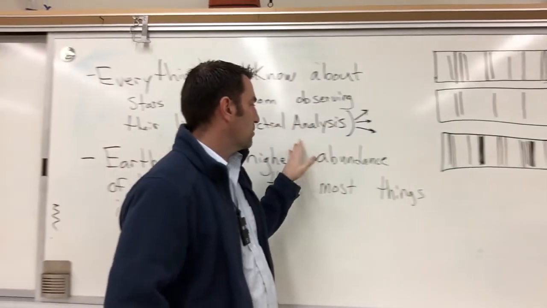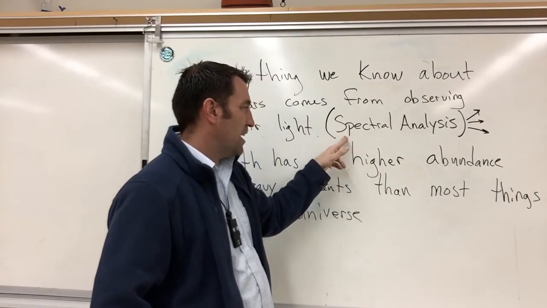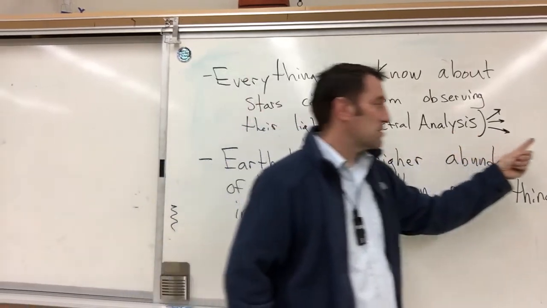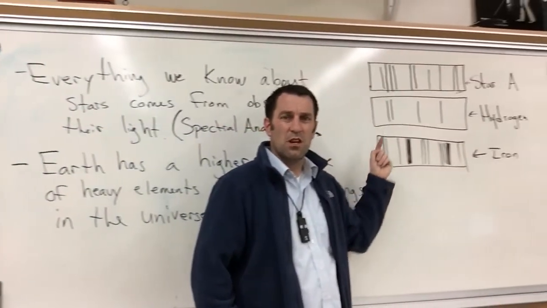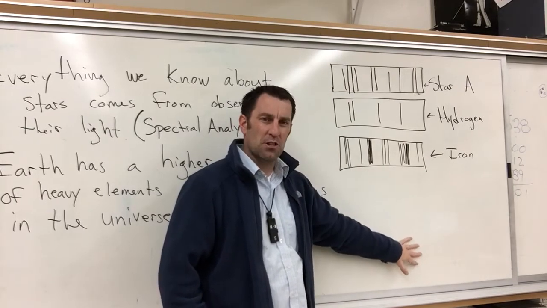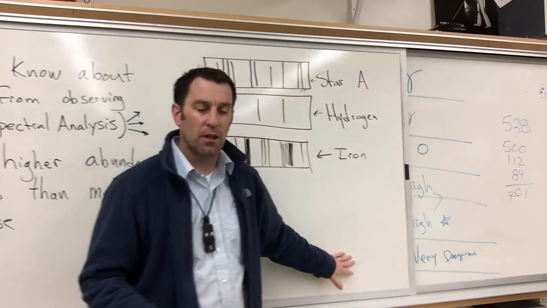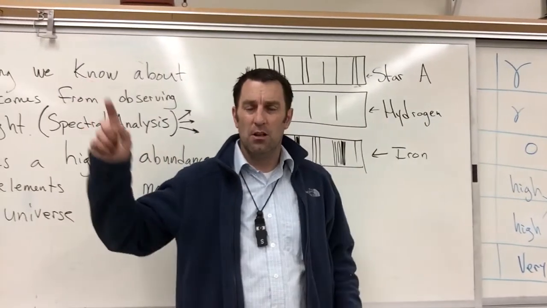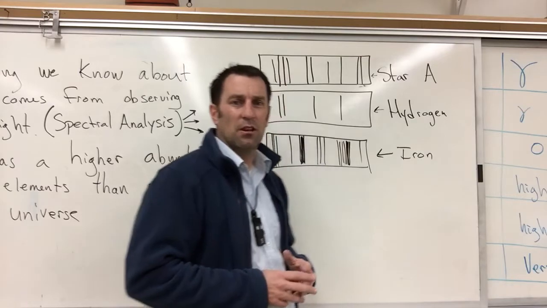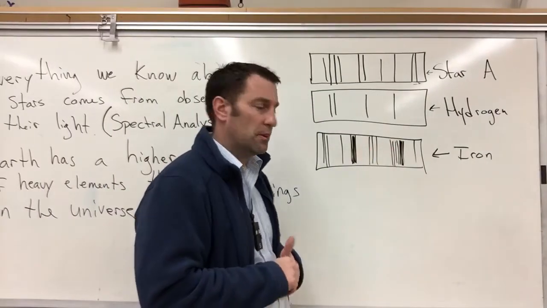We can use those to do what we call spectral analysis. Spectral analysis is when we analyze the light coming from these stars to figure out what's in the star. It's actually a pretty ingenious way. It's how helium was discovered on the sun before it was ever actually discovered on the Earth. That's why it's called helium, because of Helios, or the sun.